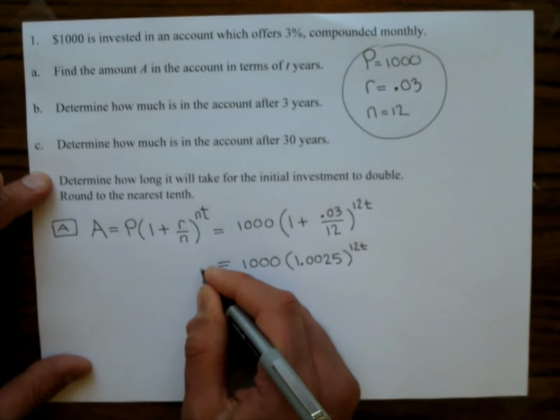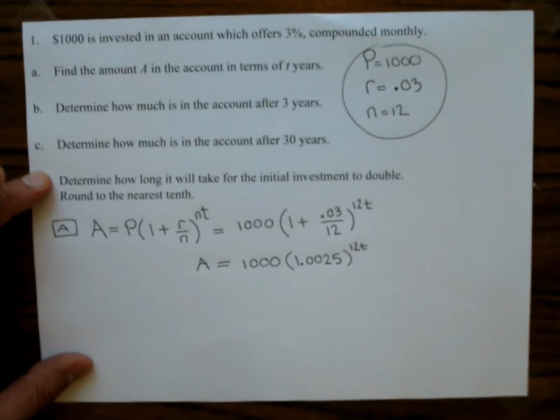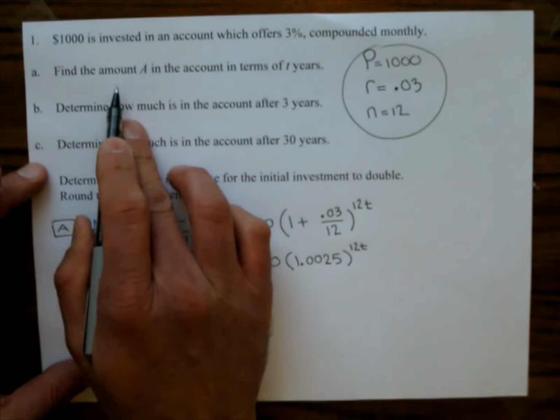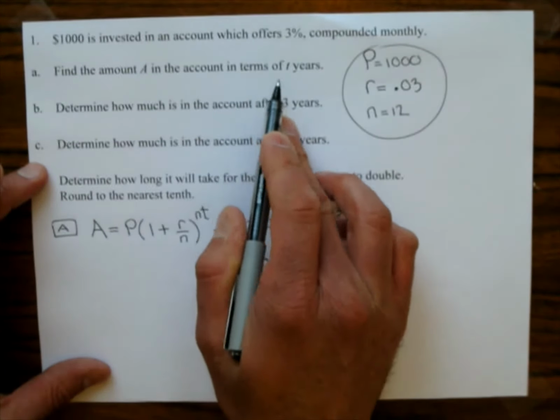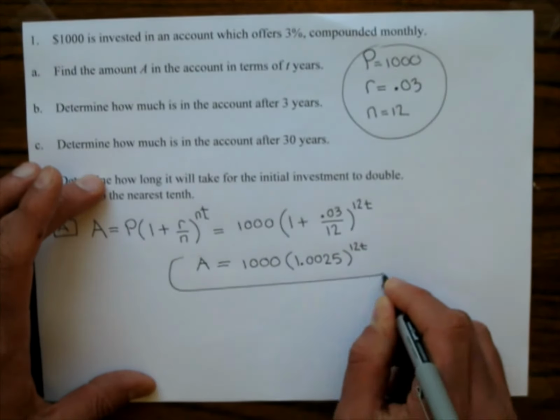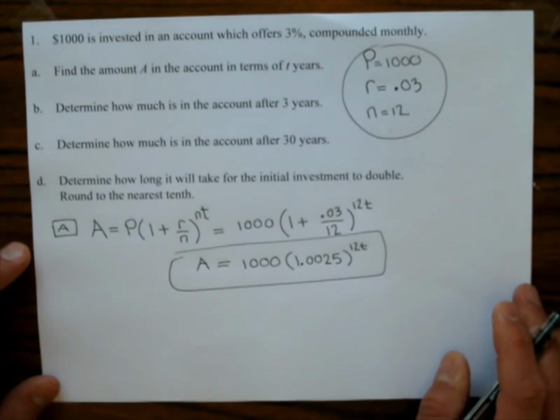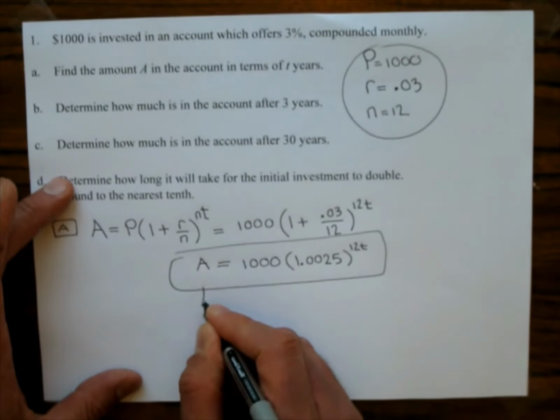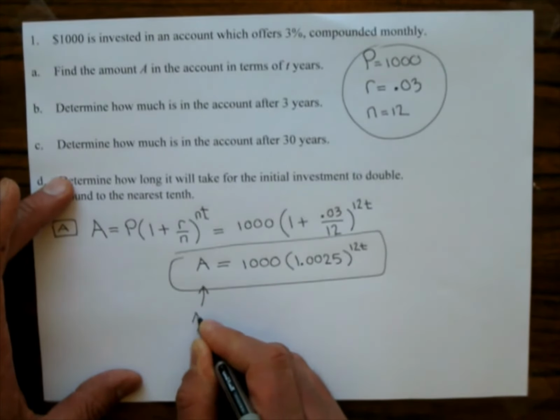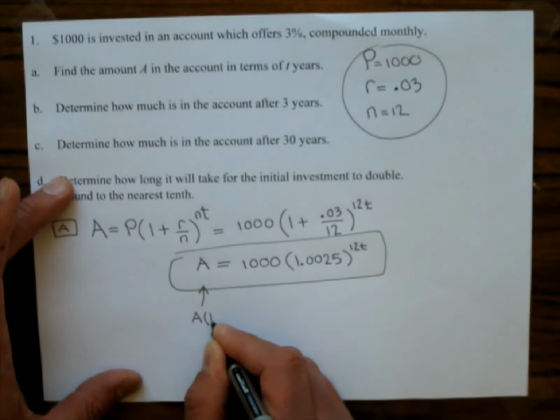This gives us the amount A in the account in terms of T years. There it is. Now, if you want, this is a stylistic thing, you can call that A of T.